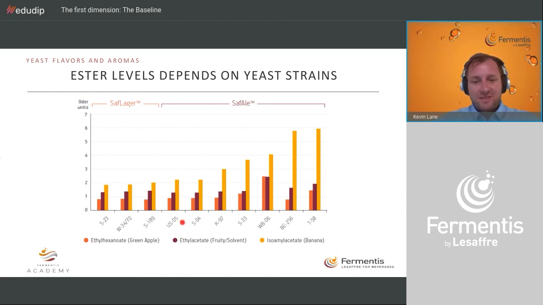Then we have the start of the ales with USO5 having the least amount of esters, SO4, K97 becoming more estery. And then you see really a big difference between, for example, USO5 and B256 or T58 or WB06, where you have close to 6 odor units, so 6 times the threshold of isoamyl acetate, the banana character in beer, for those 2 strains. There's also differences in the ethyl acetate and ethyl hexanoate for each strain.